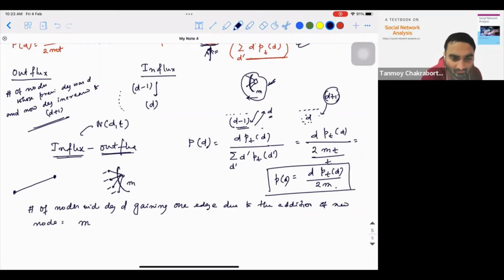So how many nodes will be affected? m into PD, because PD is the fraction of nodes with degree d. If the total is m and this fraction has degree d, this would be the number of nodes with degree d which will be affected. Now this is m, so I'm replacing PD by this.